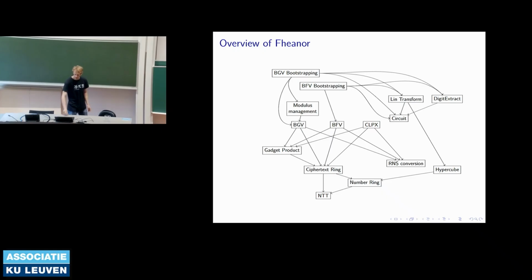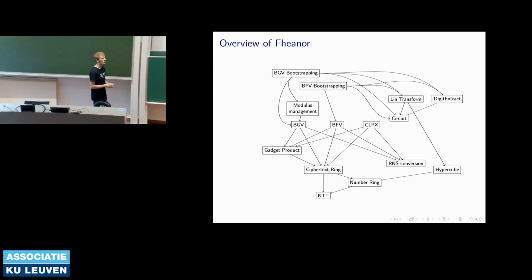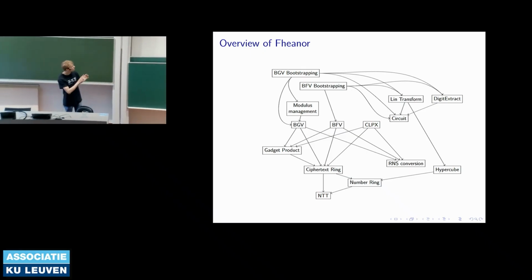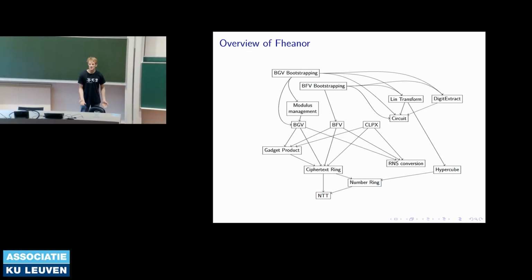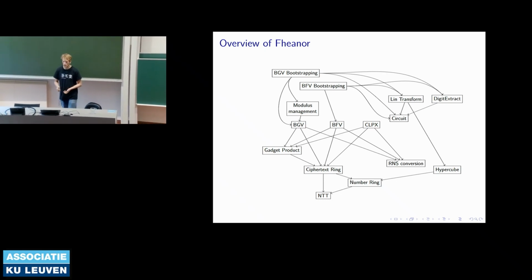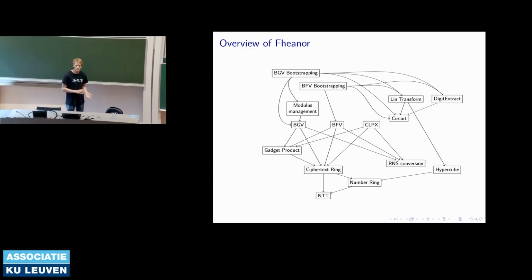On the right-hand side, there's also something that's quite new for Fheanor, because Fheanor contains an explicit modeling of arithmetic circuits, in the circuit model. Arithmetic circuits are basically the computational model you use in FHE. I found it useful because it allows creating circuits that are scheme agnostic, and then you can evaluate them with any scheme.